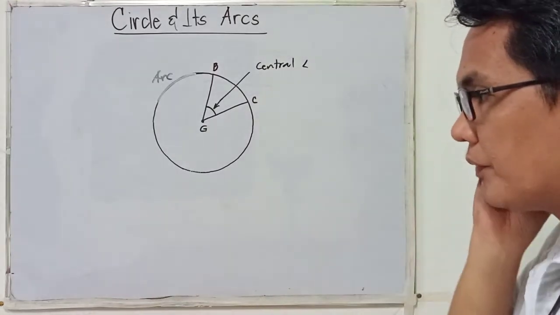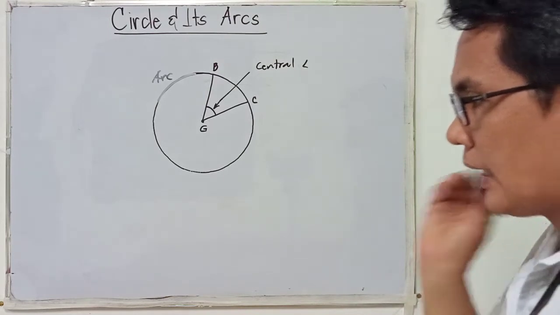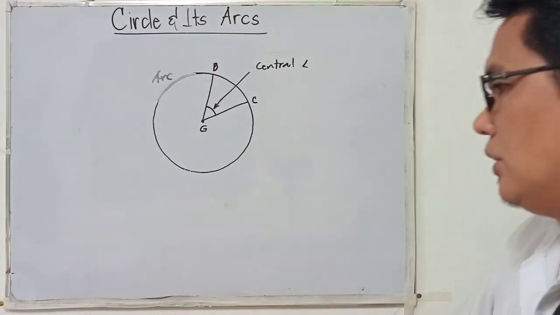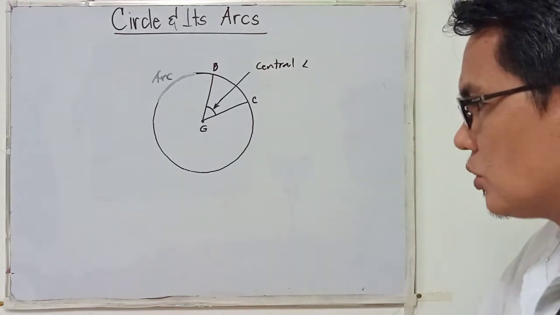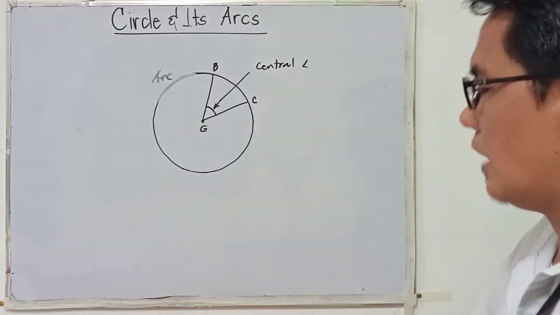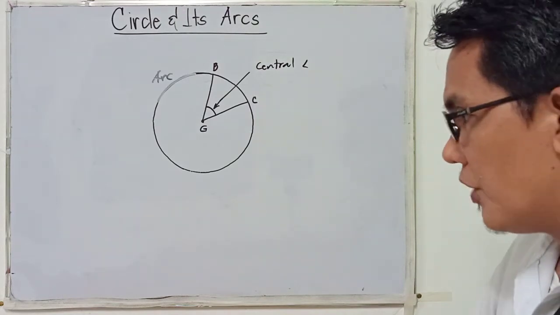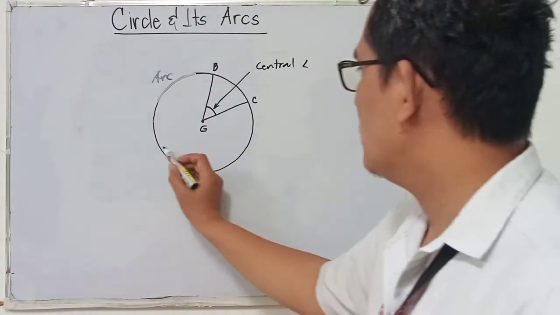Okay, number 3, a segment that connects any 2 points on the circumference of the circle. That is called a chord.